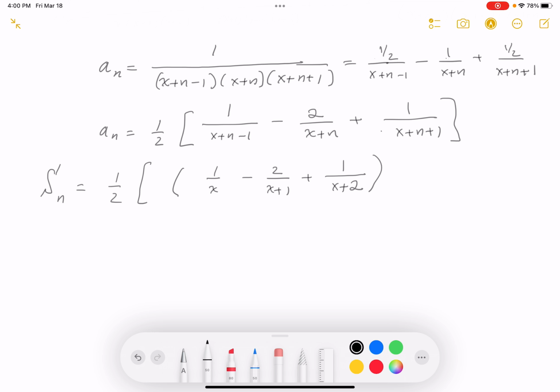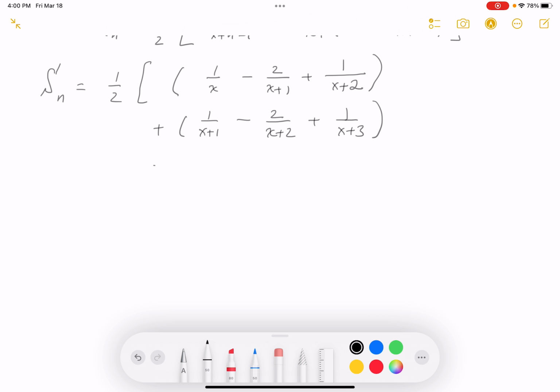Let's put the next one down. Plus 1 over x plus 1, minus 2 over x plus 2, plus 1 over x plus 3.